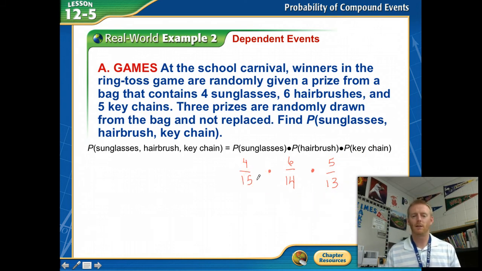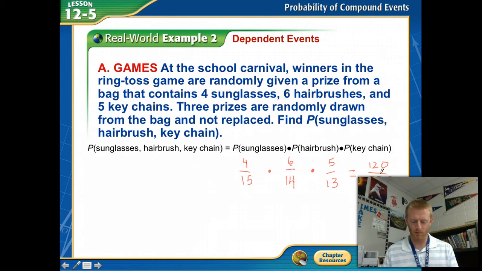So 4 times 6 times 5 gets me to the top number being 120, and then my bottom number will be 15 times 14 times 13, and that is 2,730.